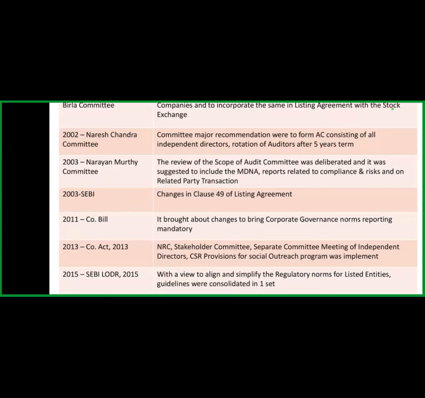So once you are aware of what is expected in corporate governance, then it will be easier for you to understand why these cases that we are going to discuss have taken place, right? So we will be taking that up for discussion once we are done with chapter number 1.